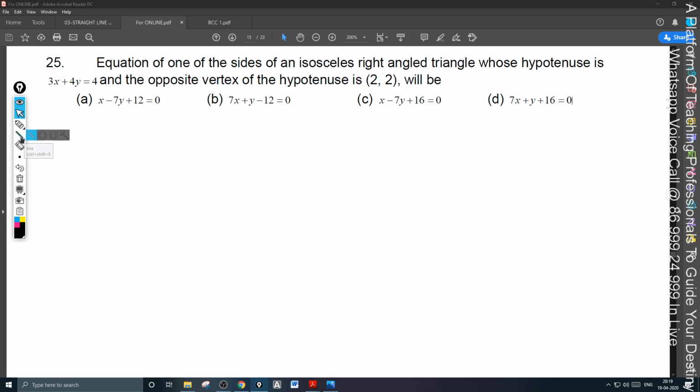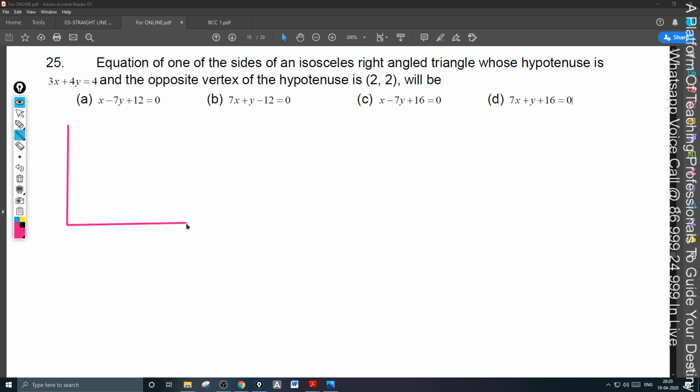So, let us draw the triangle. This is saying right angle isosceles triangle. Let me take more space here. This is one side.